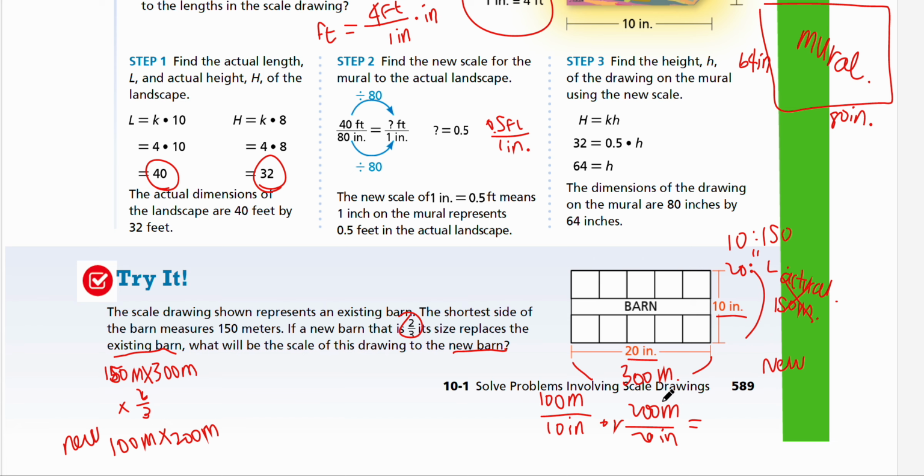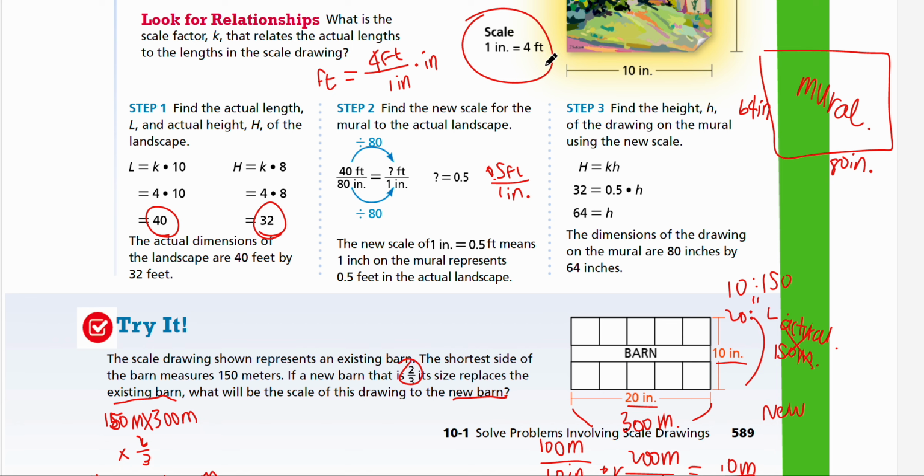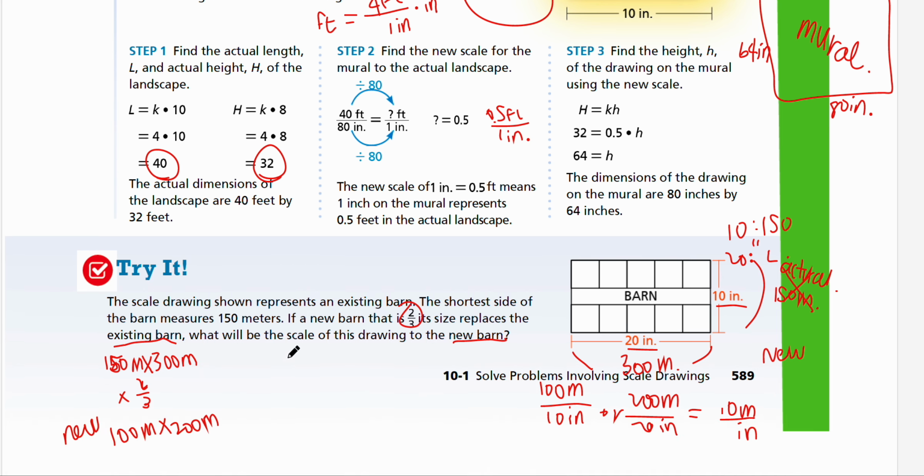If we simplify that, it's going to be 10 meters per inch. So we have a new scale. Instead of 1 inch equals 4 feet here, the new scale would be 1 inch equals 10 meters. That is our final answer.